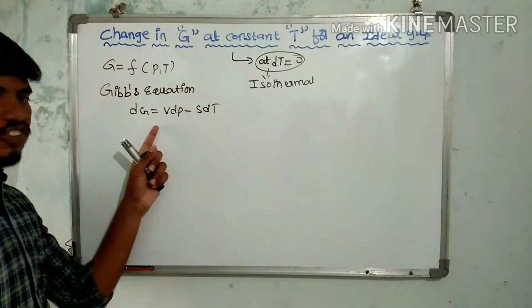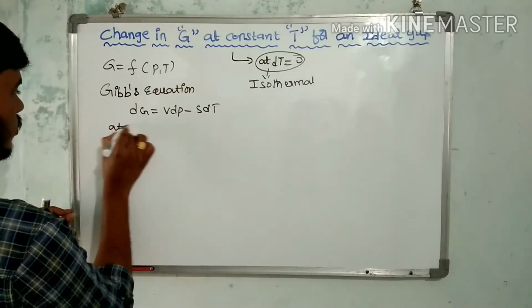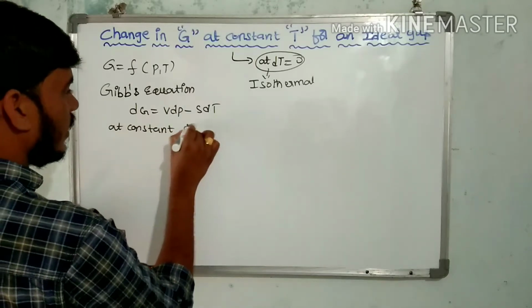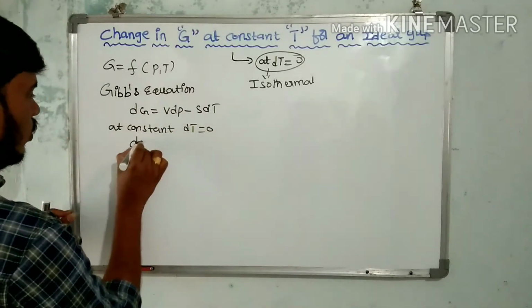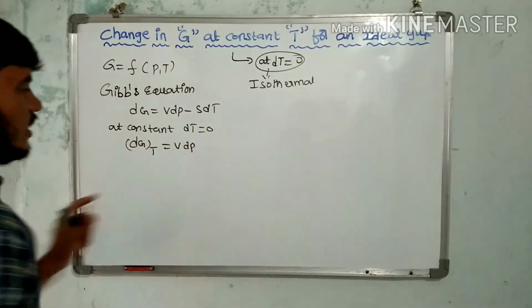This is one of the Gibbs equations. At constant temperature, dT equals 0. So dG at constant temperature is equal to VdP.